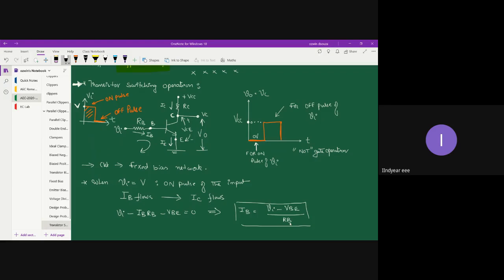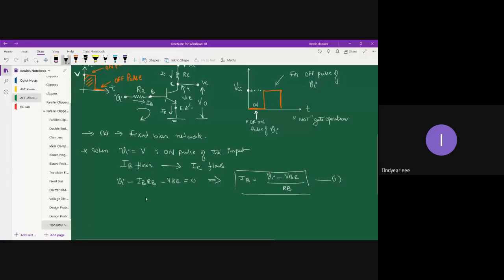Fine. Once the base current is known, you can determine the collector current. The collector current is going to be beta times IB, or IC can also be found from the output circuit. Let's pay our attention to the output circuit.